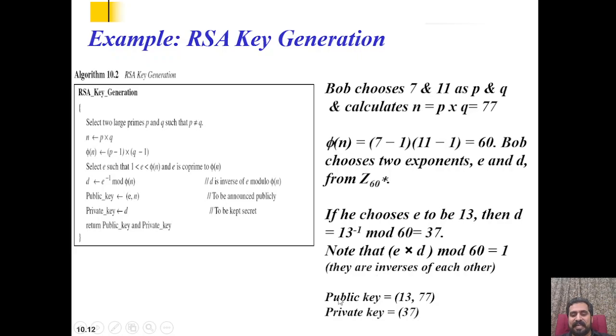Now we have a public key which contains 13, that is E, and N equal to 77, which is the multiplication of the two prime numbers P times Q. Similarly, we have a private key, which is 37, taken using this process.